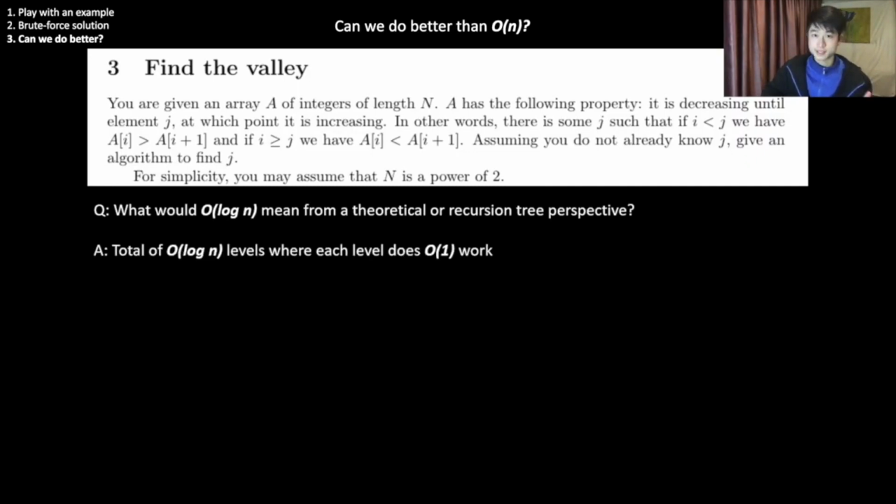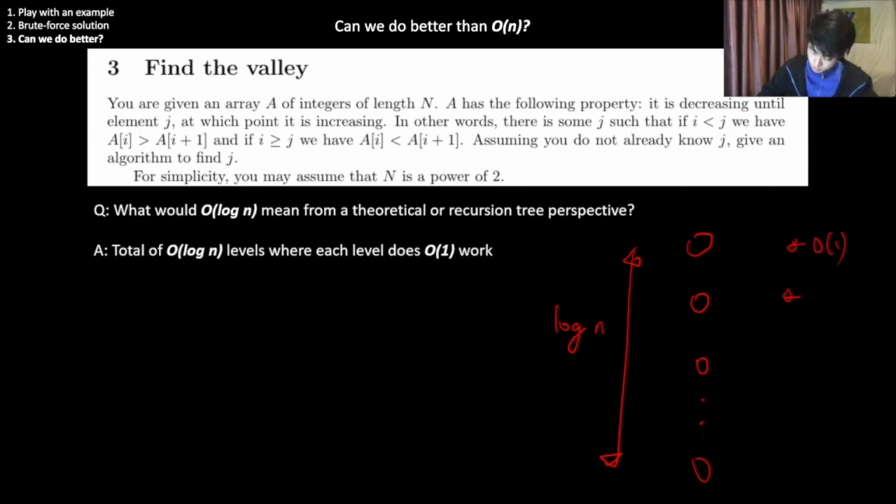It basically means that one way to have this is where you have log n levels, where each level does O(1) work. So something like this, where there are log n nodes, and each node is O(1) work.